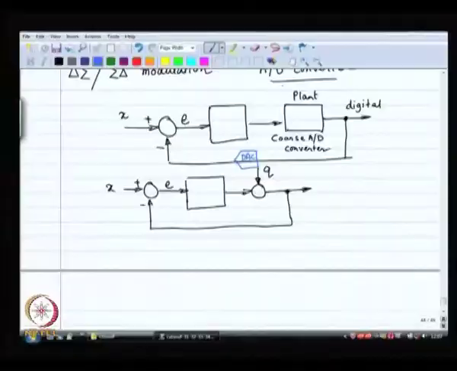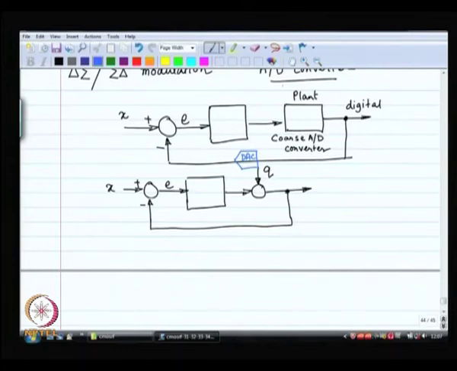The input is so much, the output is going to be the same quantity, just that it is an analog voltage now. So, this is the model for our system. I have added some quantization noise here. This is the unfortunate part, and you are trying to make a controller to fix this problem.